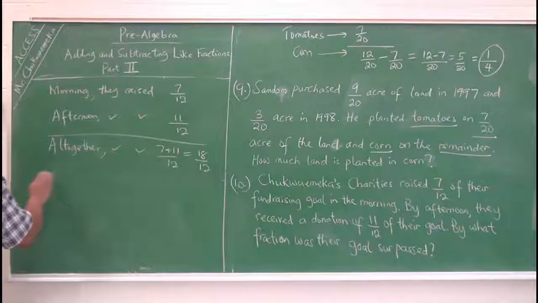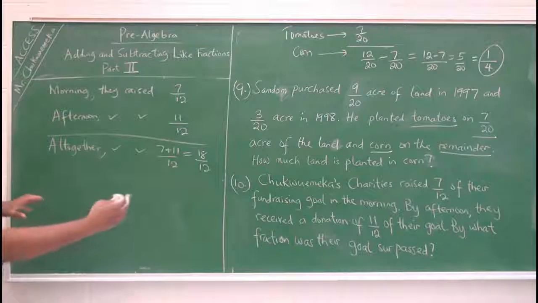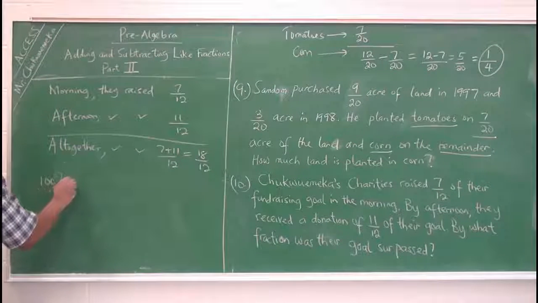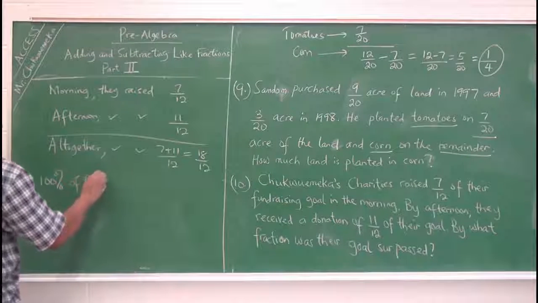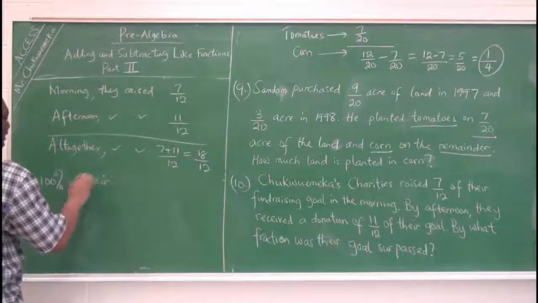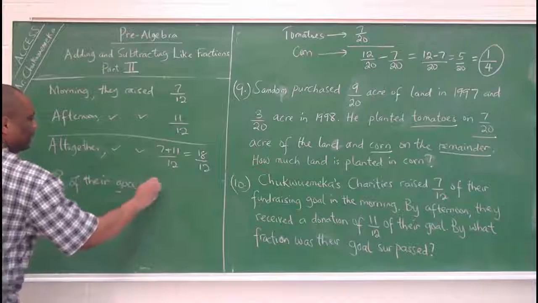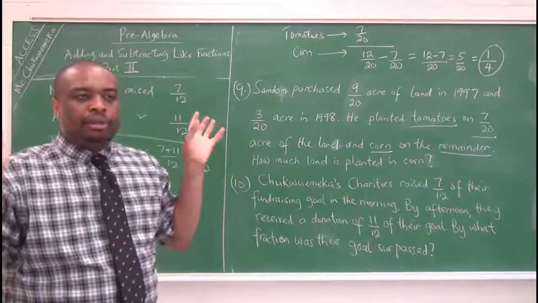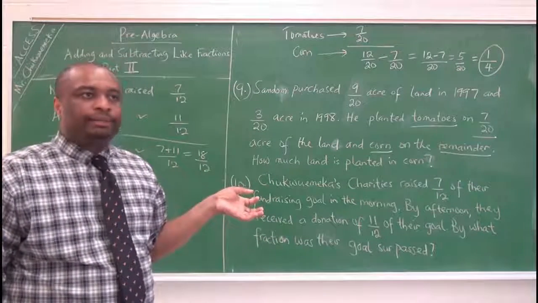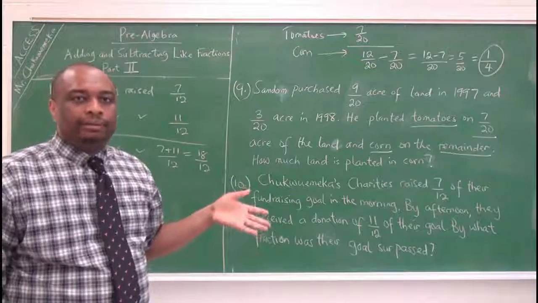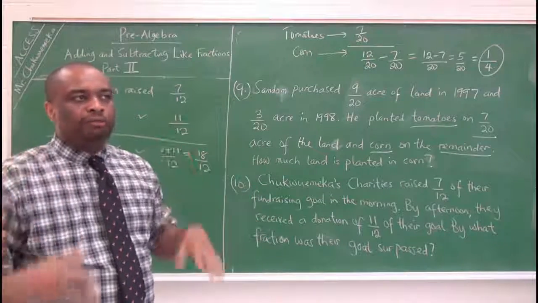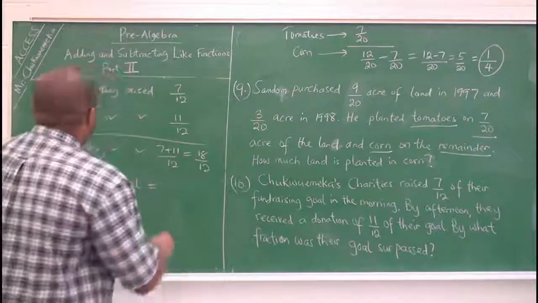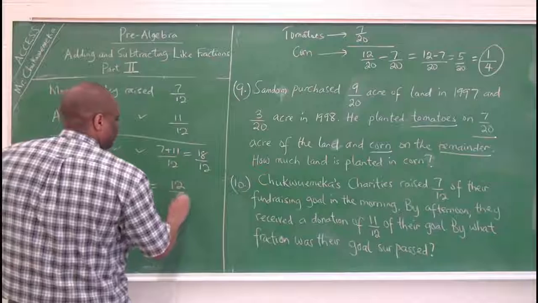When will you say that the fundraising goal has been met? The fundraising goal has been met when you get all the money that you plan to raise. When you get all of it, that is when you've met 100% or 12 out of 12 of the goal. So 100% of that goal means 12 out of 12.